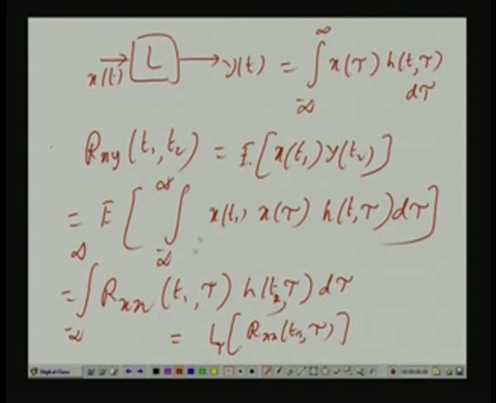Okay, it will be better if I simplify it further for the LTI case. Actually this should be E of x t 1 y t 2, this will be t 2. I made a mistake, because this should be t 2.